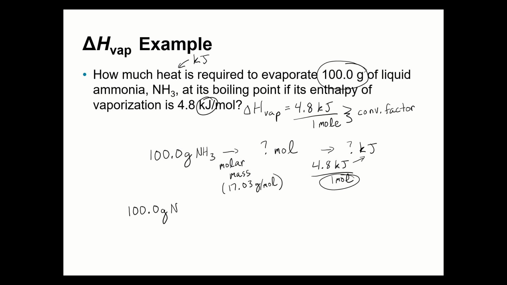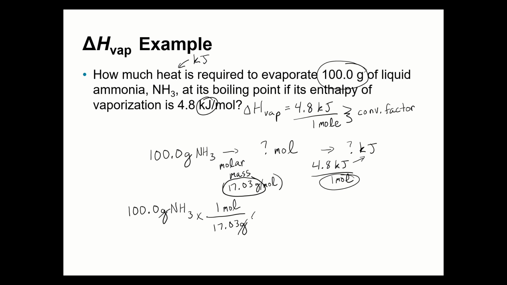There's 100 grams of NH3. And then we've got to decide whether to keep or flip that molar mass. If we want the grams to cancel, then we're going to have to put the grams on the bottom. So that forces that 17.03 grams on the bottom with the 1 mole up top.